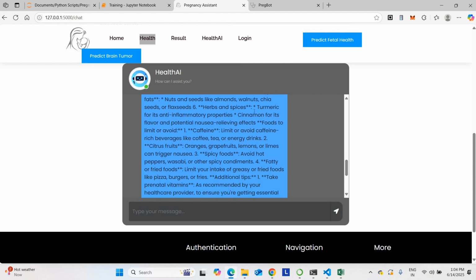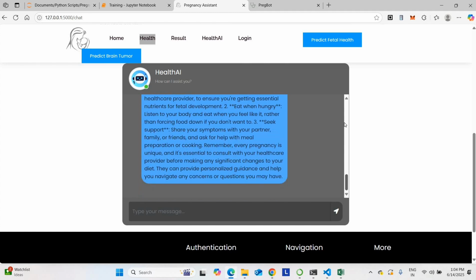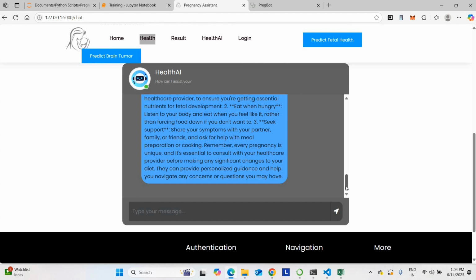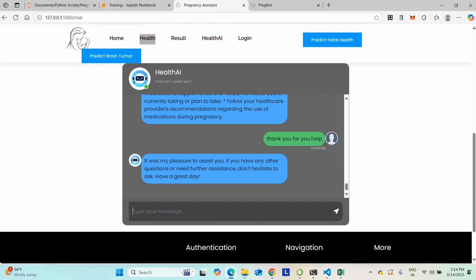For herbs, go for turmeric as well as cinnamon. Limit caffeine intake, so you should take a minimal amount of caffeine. Check this, perfectly it will work. Even a doctor might not provide this much valuable time for you, but it will.